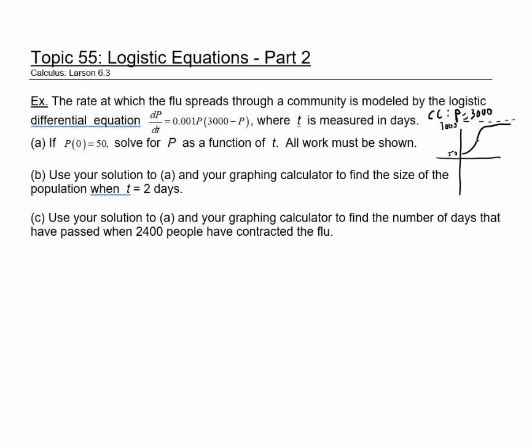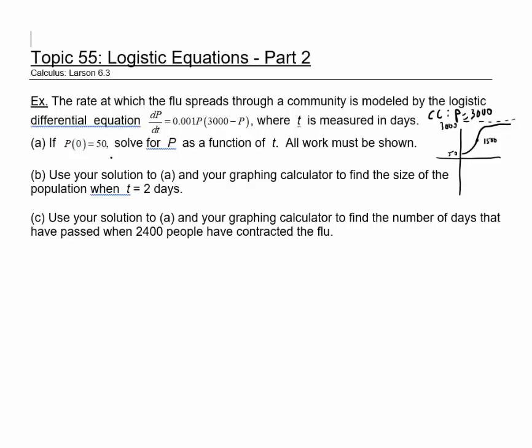Again, the rate of maximum growth, or the point of inflection, where it goes from increasing at an increasing rate to increasing at a decreasing rate, is always half the carrying capacity, no matter what my initial condition is. So this point here would be at 1500, since that's half of 3000. That's the stuff we did in topic 54.